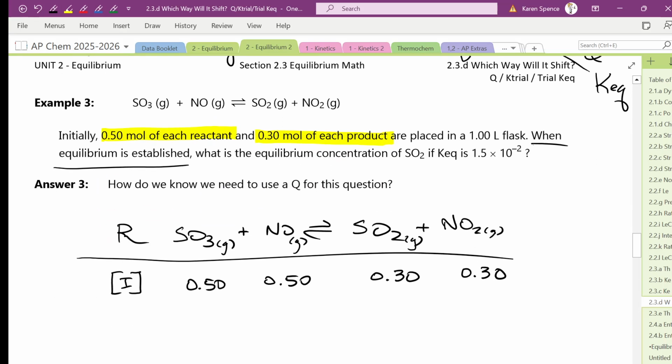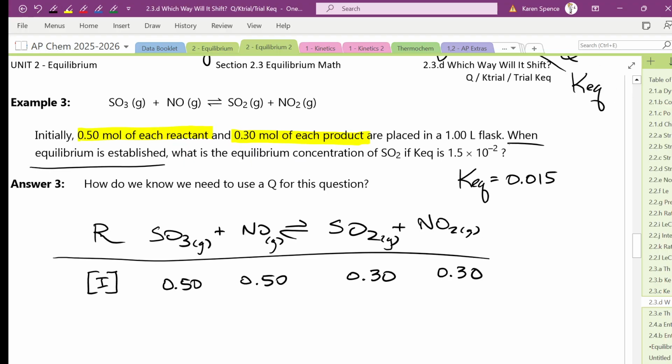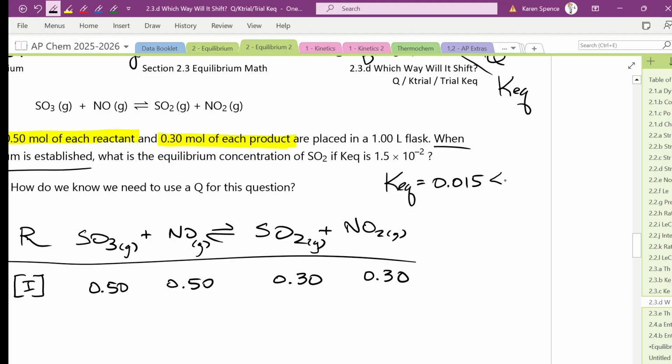And in fact, for this one, our KEQ is 0.015, which is less than 1. And if it's less than 1, what does that tell us about the equilibrium?